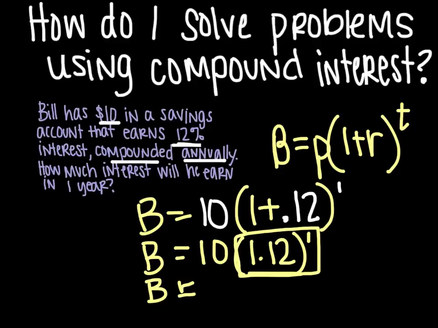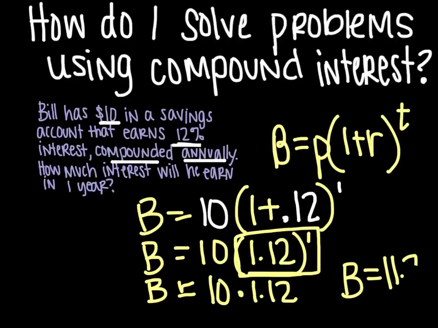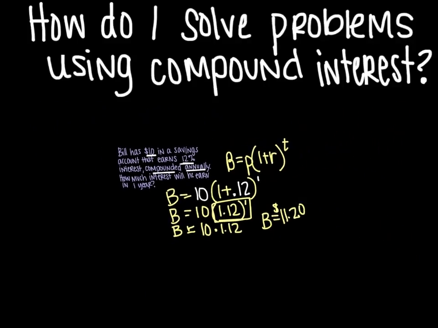So now I have B equals 10 times 1.12. And now that will give me my final answer. B is 10 times that 1.12, which is 11.2. Now we're talking about money, so that means $11.20 is now the balance.